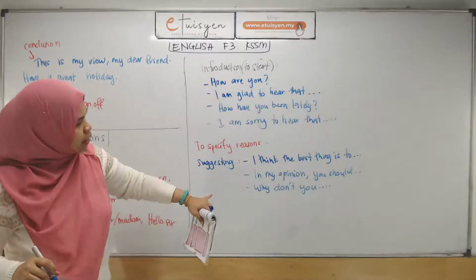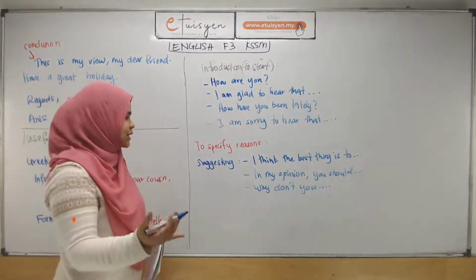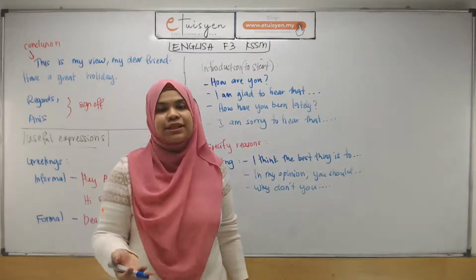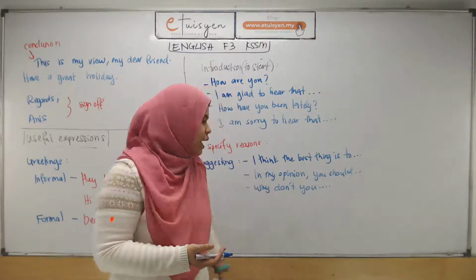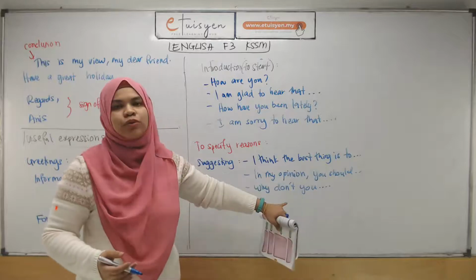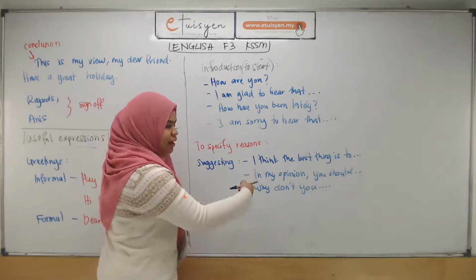These are some of the ways you can make a suggestion. Like the earlier question asking whether to bring a board game or not, you can use this kind of starting to write your email. This is for the second paragraph.